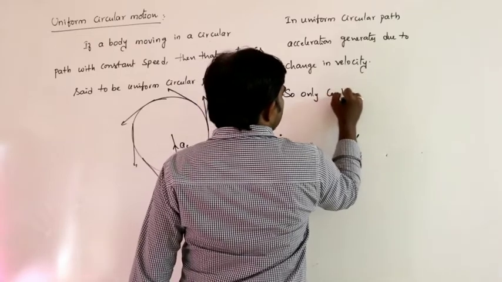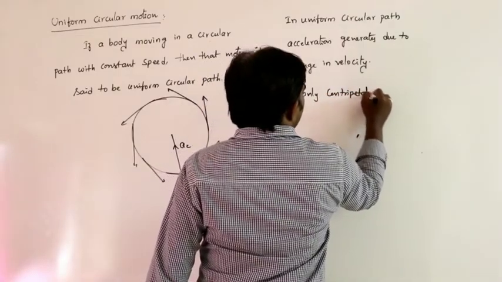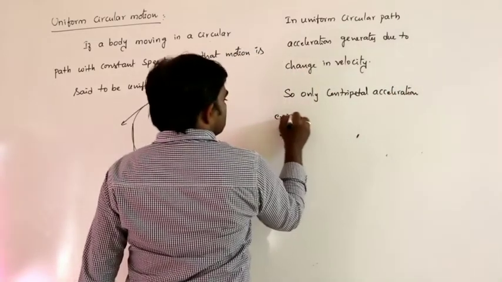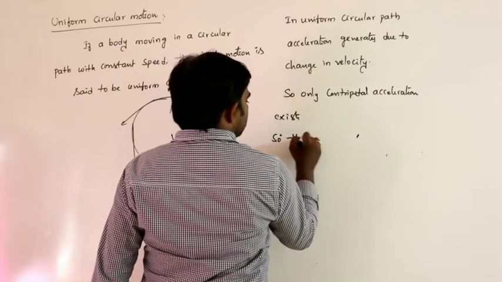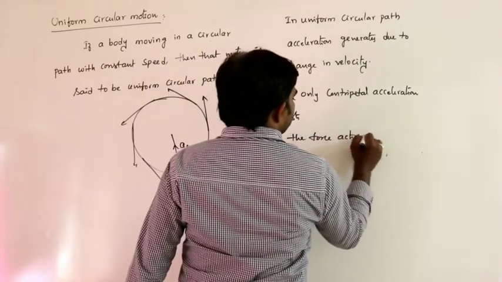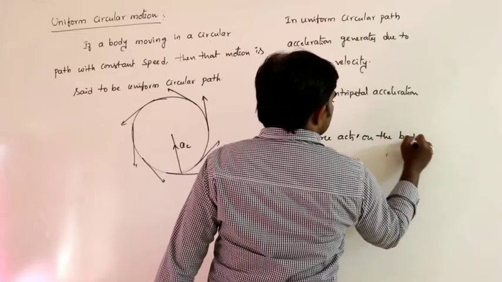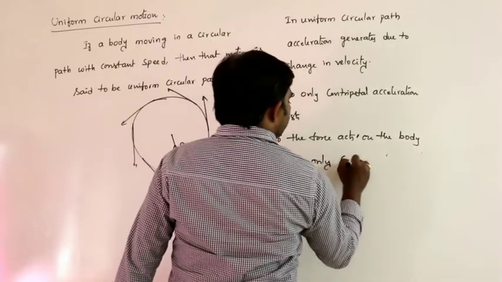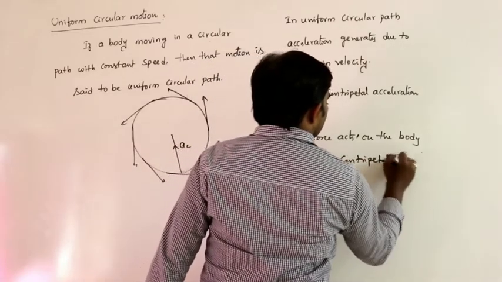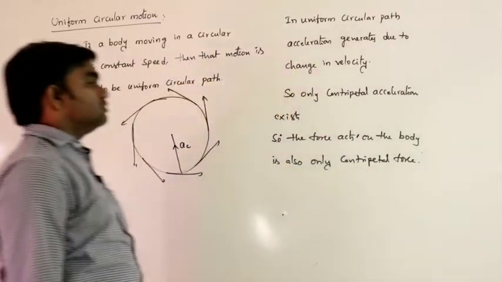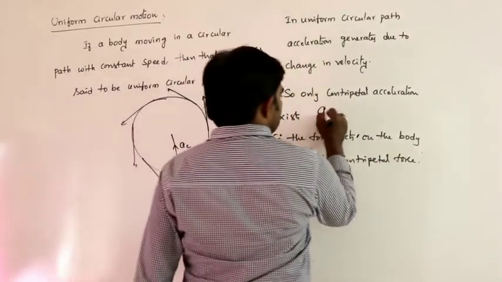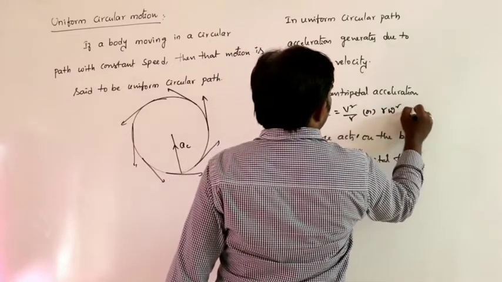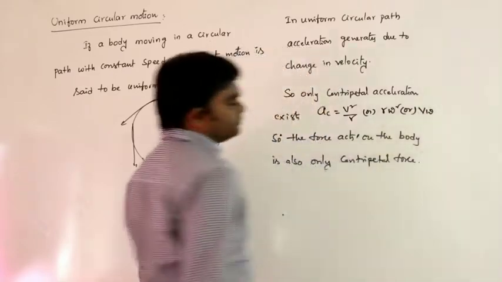So only centripetal acceleration exists, and the force acting on the body is also only centripetal force. The centripetal acceleration can be written as v square by r, or r omega square, or v omega, anything we can write.